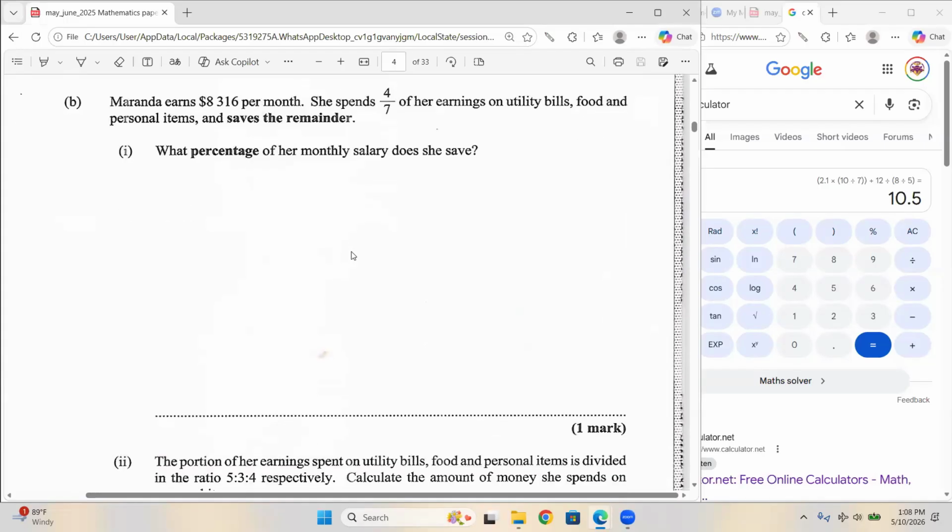So what percentage of her monthly salary does she save? Okay. Good afternoon, Kaylee. So what is that? She earns this amount for the month. She spends this of it. Okay, how much does she save? And saves the remainder. Well, we find the fraction for sure.